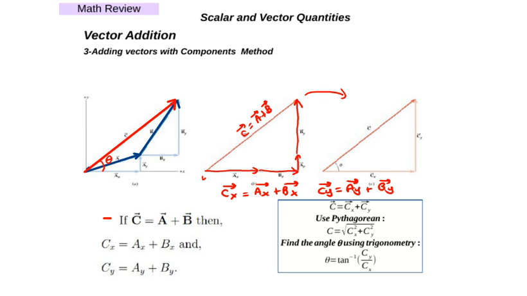I find those, and then I draw my C vectors, like in the third picture here. I'm done with A and B now. I added them. Now I have my CX, and I have my CY, right? Then I use Pythagorean to find C.